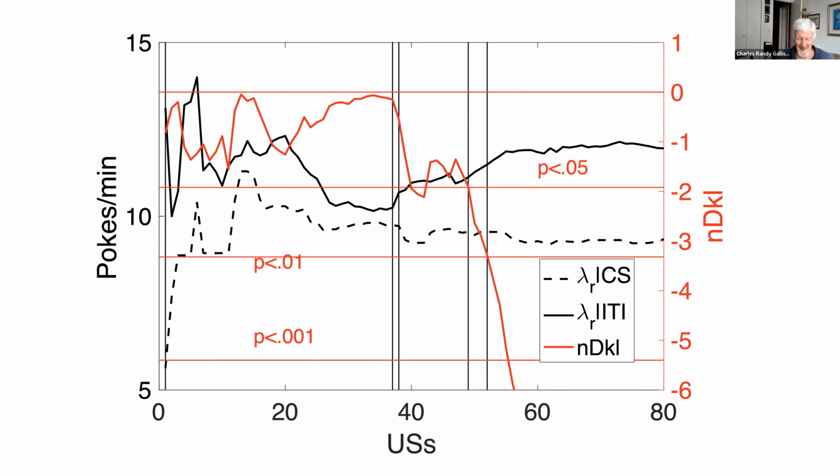We published, back in the day, a paper saying that acquisition was abrupt, and it often is abrupt, but it's not always abrupt, particularly when the informativeness is low. So then the question is, how do you characterize the interval over which it's accelerating? And I just described that to you.